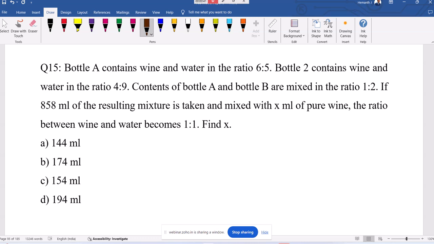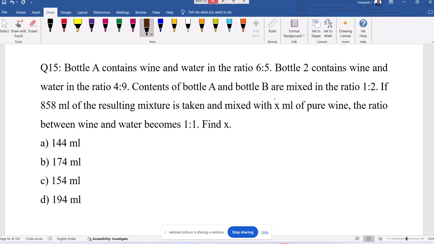Guys, observe: bottle A contains wine and water in 6:5 ratio. Bottle B contains wine and water in 4:9. Bottles A and B are mixed in the ratio 1:2, so first one part, and second 2 parts should be taken. If 858 ml of the resultant mixture is taken and mixed with X ml of pure wine, it will become 1:1 ratio.